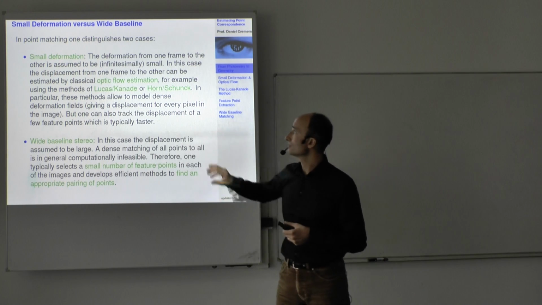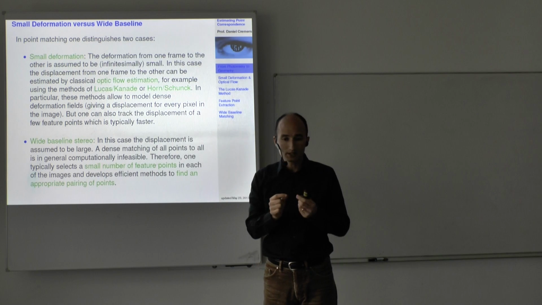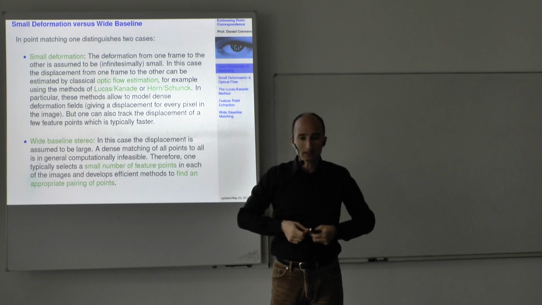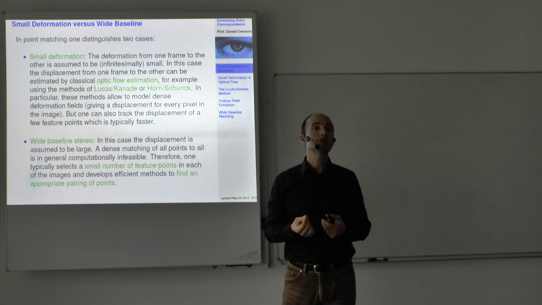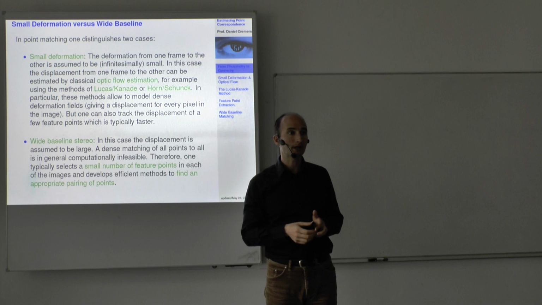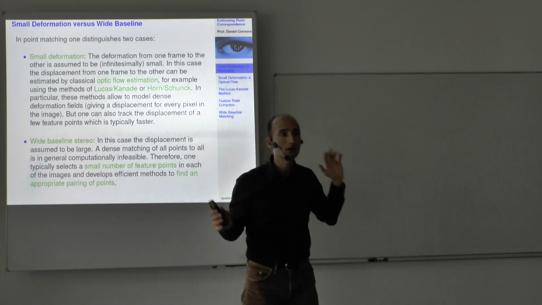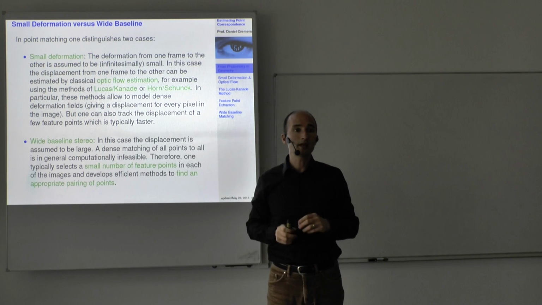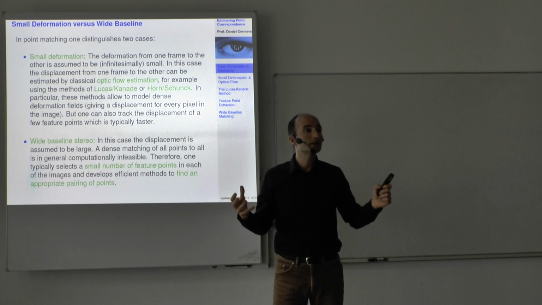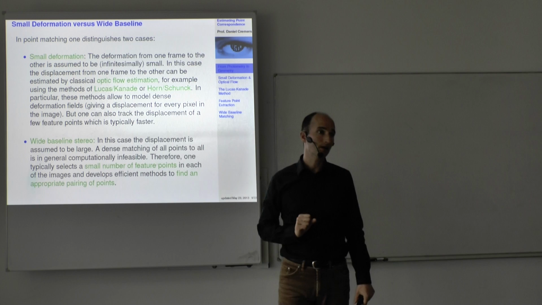They don't just use the local brightness to check where the partner is, because points of similar brightness, if I allow partners to be everywhere in the image, I will have tons of points that have similar brightness. If you say, where is this point in the other image, there's a lot of white points in the room. If you constrain yourself to the neighborhood, that may work, but in a larger environment, in the wide baseline scenario, this is not going to work.